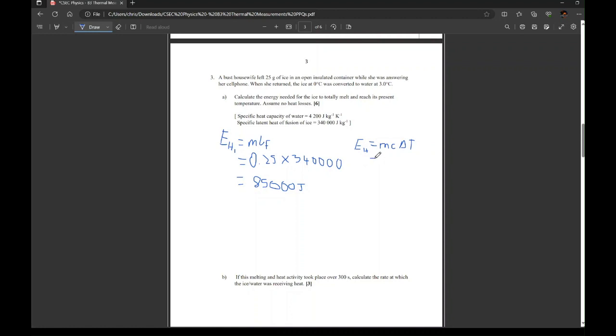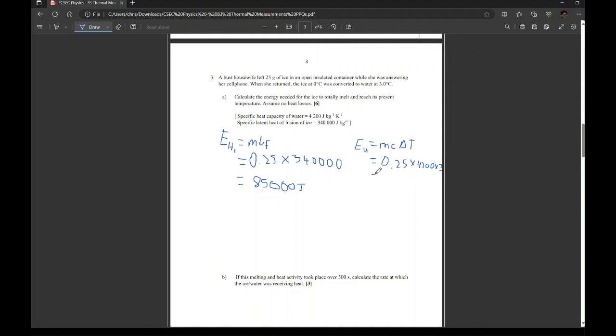to solve that. So again, that's going to be 0.25 as our mass, multiplied by 4,200, and the temperature change, because of lack of space, I'm not going to write 3 minus 0, because we obviously know that that's 3.